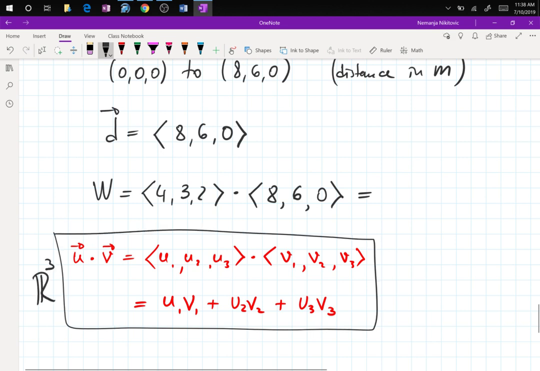So now you know that 4 times 8 is 32, plus 3 times 6 is 18, plus 2 times 0 is 0, for 50 Newton meters. So work done is 50 Newton meters in this case.